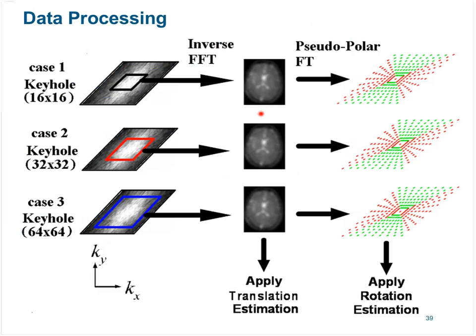You get the low resolution image, and then you use these low resolution images for calculating the translation parameters, and you can use the same low resolution images for calculating the pseudopolar Fourier transform grid, and then applying the rotation estimation algorithm. So that's how you can achieve the rapid motion estimation algorithms.